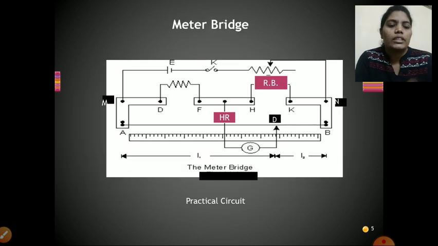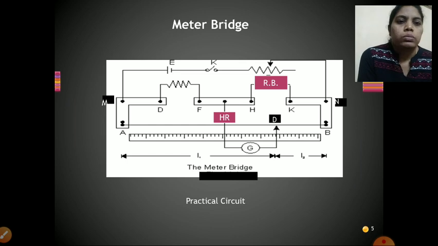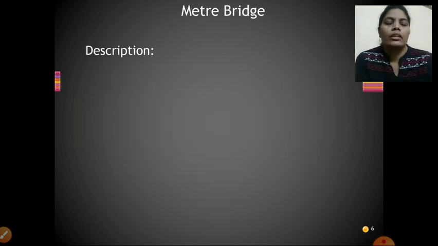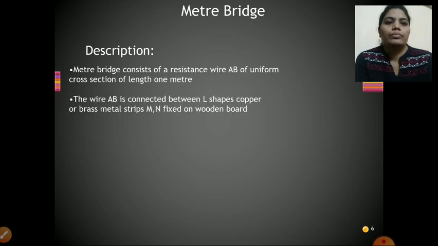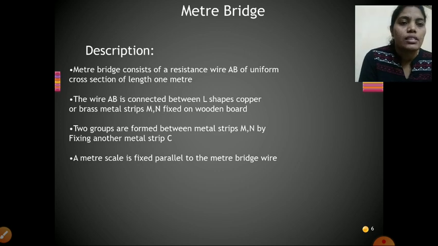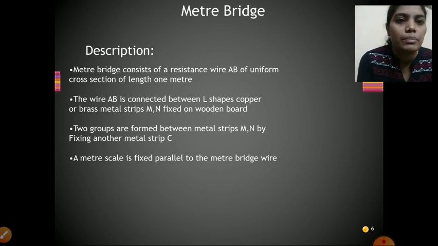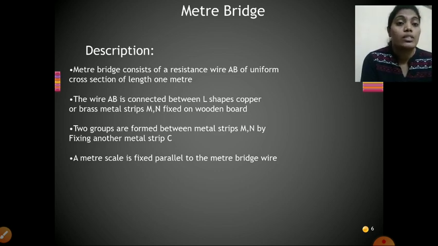So let us move on to the diagram here. The meter bridge consists of a resistance wire AB, which is of uniform cross section and length 1 meter. The wire AB is connected between L-shaped copper or brass metal strips. These strips are M and N, which are fixed on a wooden board.